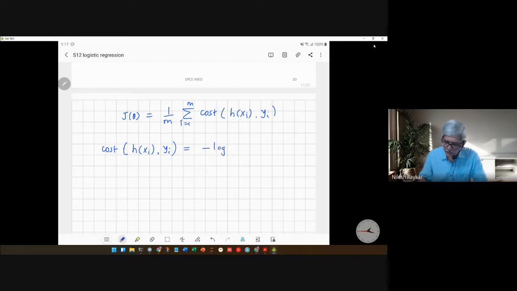So it is minus log of h theta xi if yi equal to 1, and this is equal to minus log of 1 minus h theta xi if yi equal to 0.